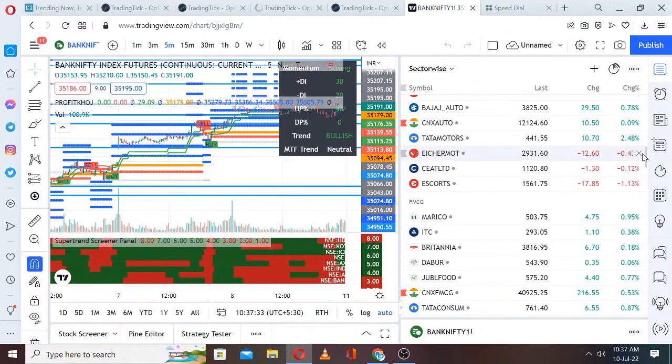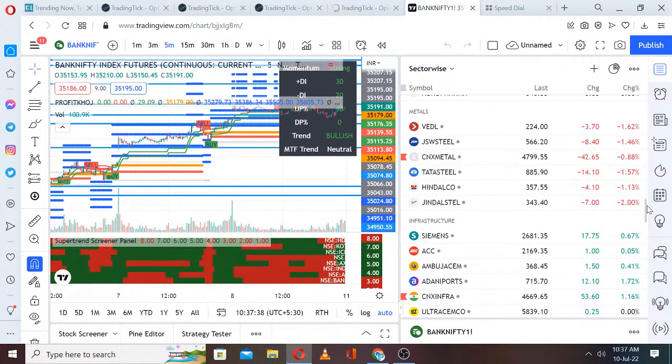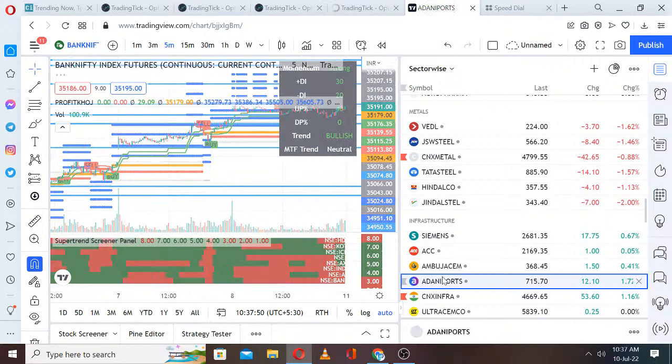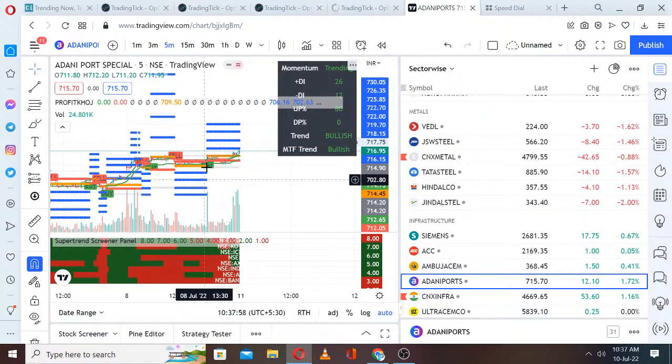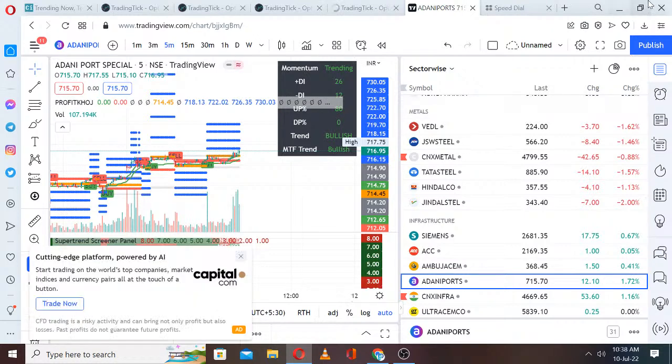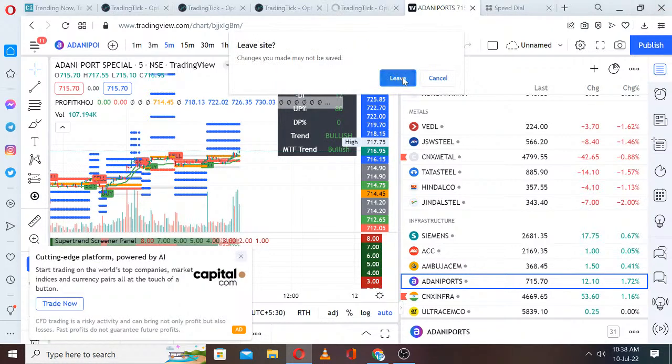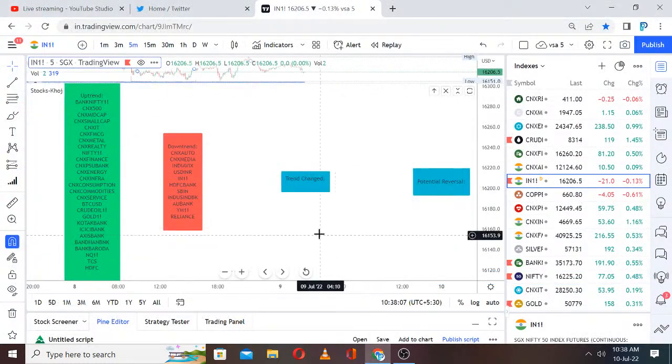I have created here a watch list for every sector. So like this you can prepare a watch list. Then if you see a buy signal in infra, check the stocks which are above this infra. Like for Adani, you will see the Adani has given buy signal here, an entry here somewhere. So you got the point.